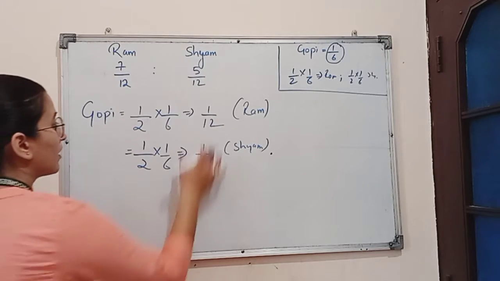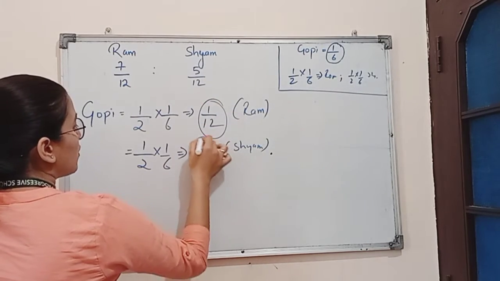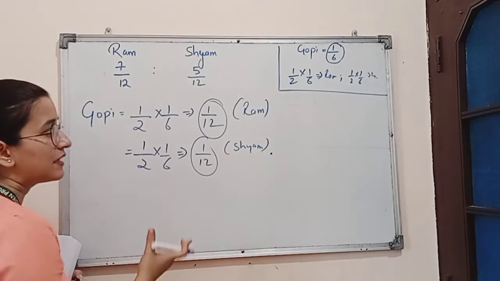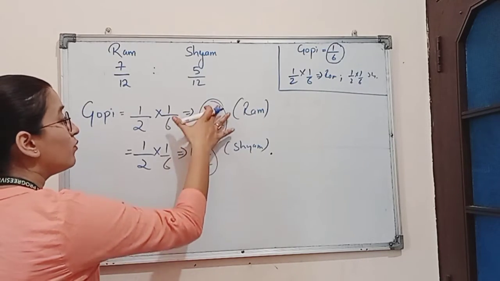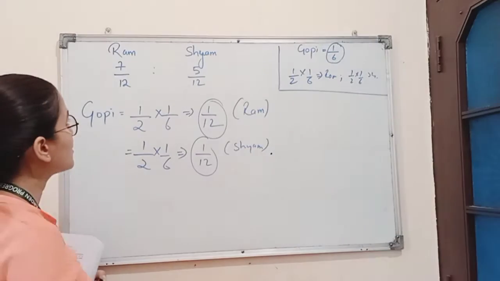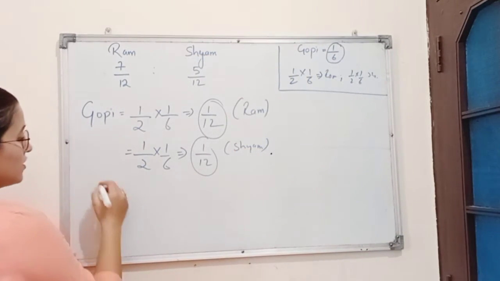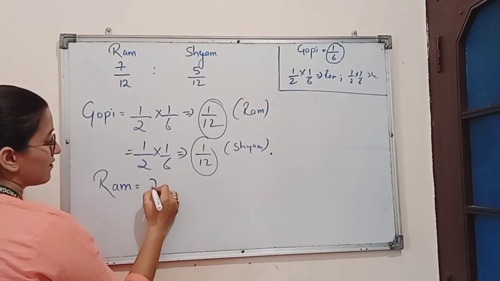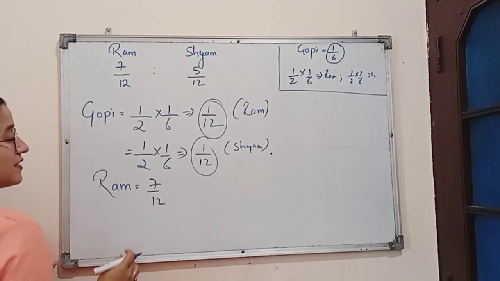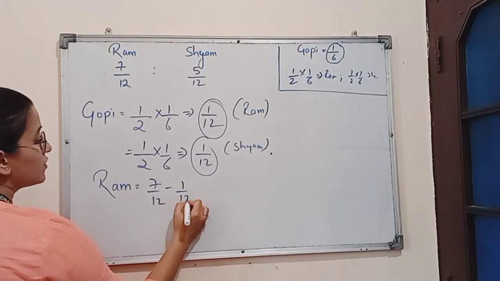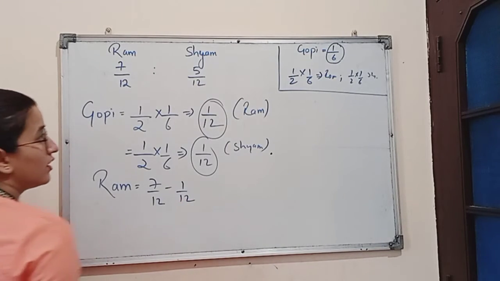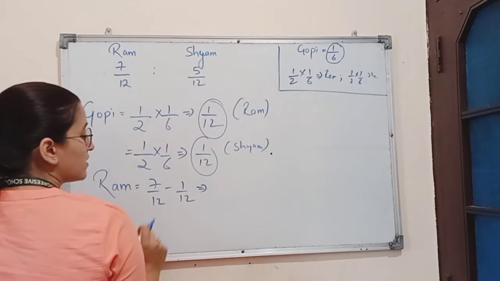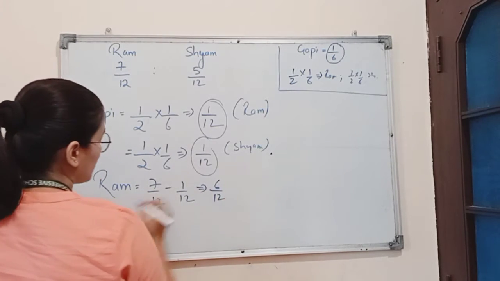Now, if Gopi has acquired 1/12 from Ram and 1/12 from Shyam, that means Ram has surrendered 1/12 part of his share to Gopi. So the remaining share of Ram will be, Ram's share was 7/12 and he has surrendered 1/12 share to the new partner who is Gopi. So 7 by 12 minus 1 by 12 is 6 by 12.